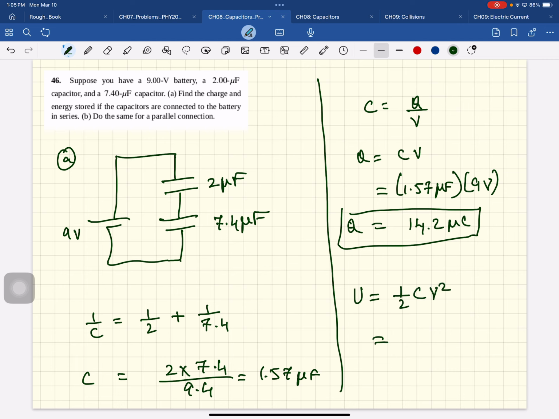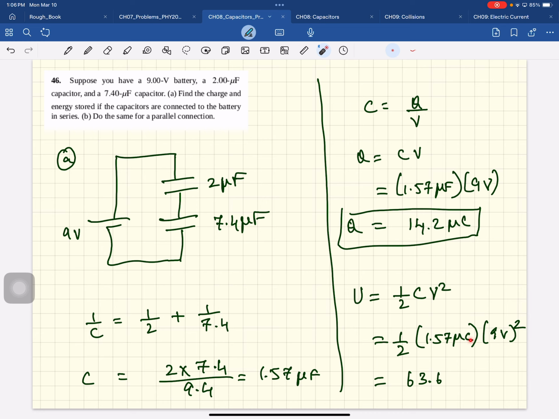C is the equivalent capacitance, and it's connected to a 9-volt battery, so 1/2 times 1.57 microfarads times 9 squared. So that's 63.6.